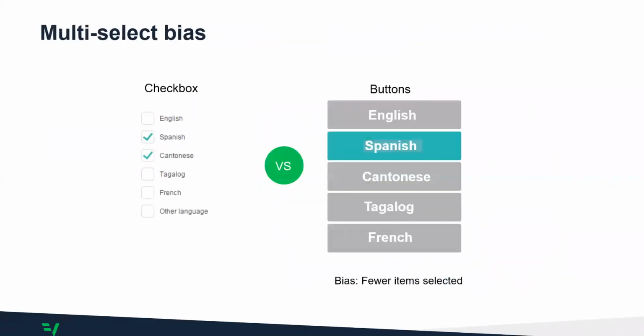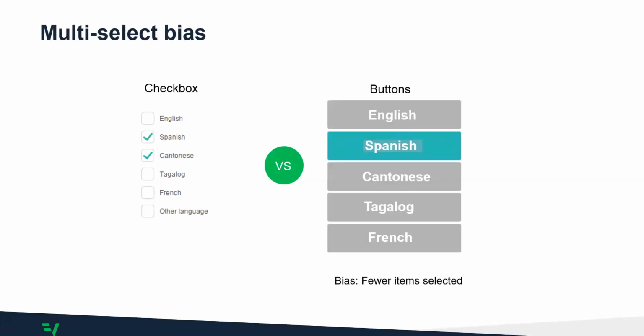So here's an example of something that we thought was very simple, and it turned out to have an unintended consequence that we didn't realize when we first developed this form. On the left, we have a traditional checkbox type question, and on the right, we have an interactive button box question. And this seemed like a very good alternative for touch input devices.